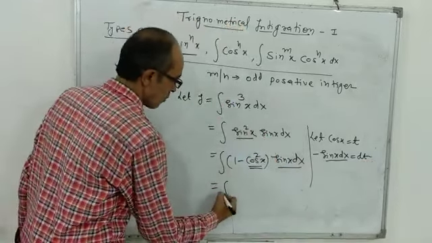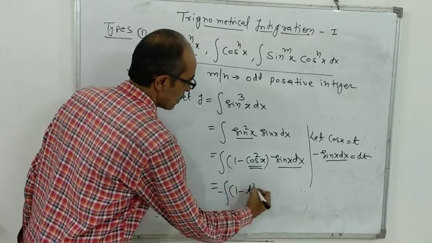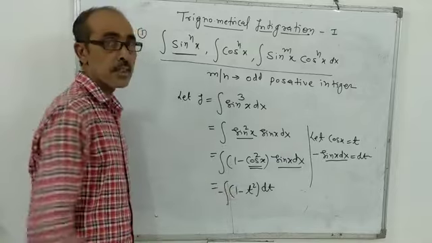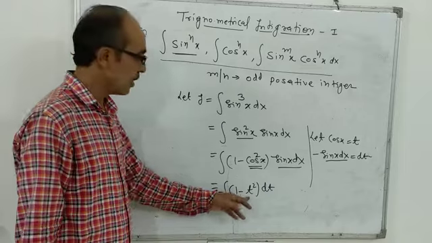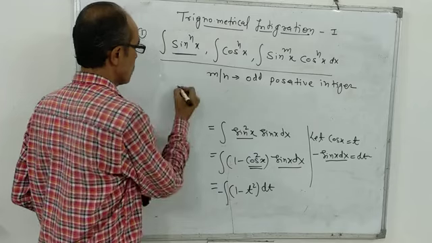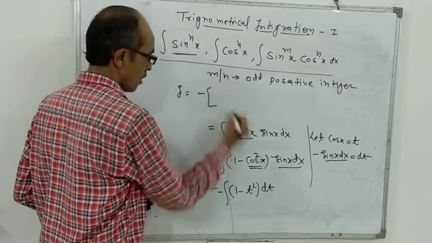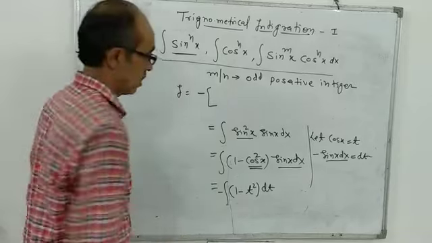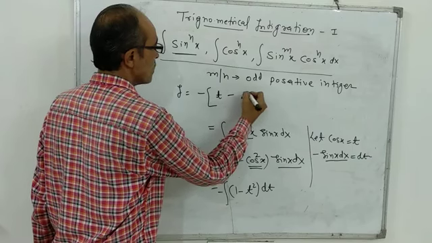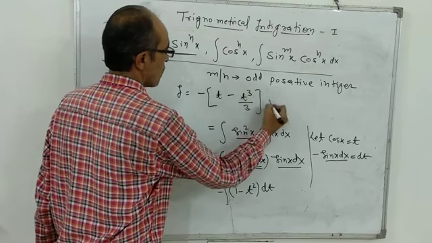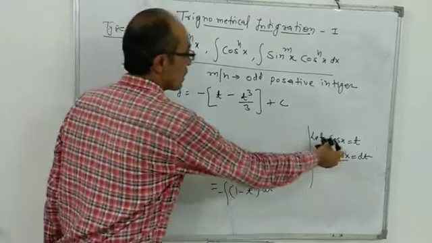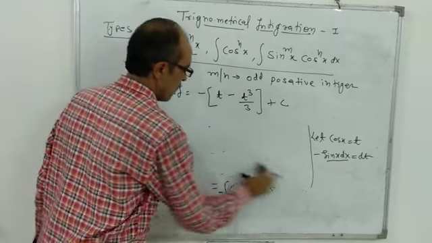So we get negative integral of 1 minus t square dt, and now we easily solve this by algebraic integration. The integral of 1 with respect to t is t, and negative t square integrates to t cube divided by 3, plus the constant c. Now put the value t equal to cos x. That is our final answer.